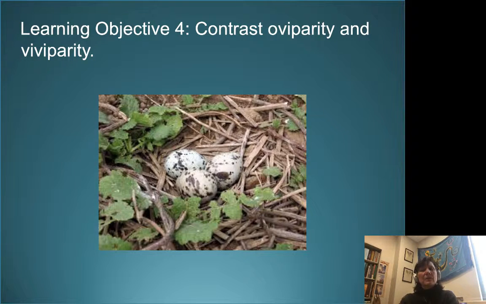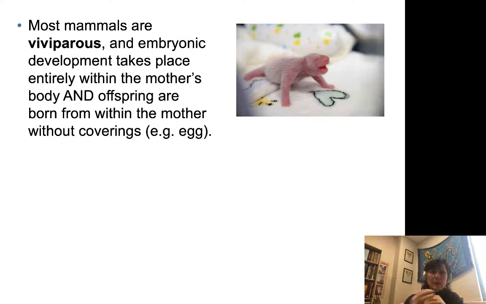Okay. Other concepts that you need to be familiar with in animal reproduction are viviparity, oviparity, and ovoviviparity. Most mammals are viviparous, and sometimes this is loosely defined as live birth.